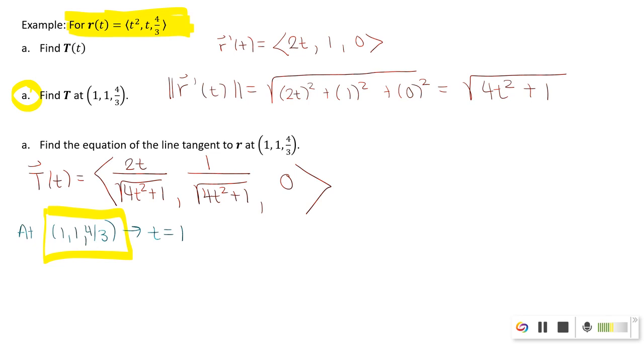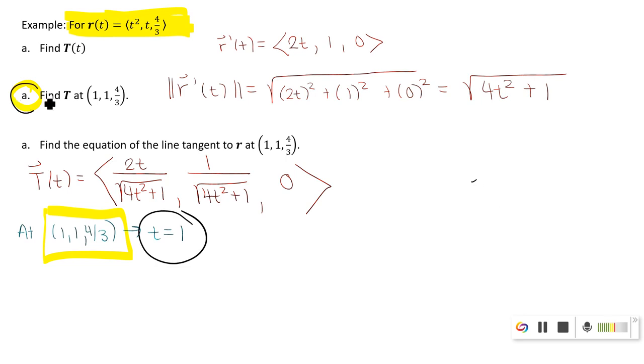In this case, you might be able to see just by looking at it. But if you couldn't, you would just say, okay, when does t squared equal 1? Then t would equal 1. And 4/3 equals 4/3. You can see that that's only true if t is 1. Okay, so we are at this point when t is 1.